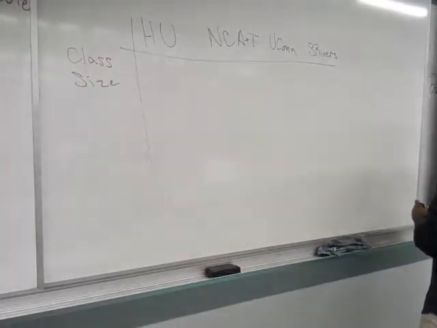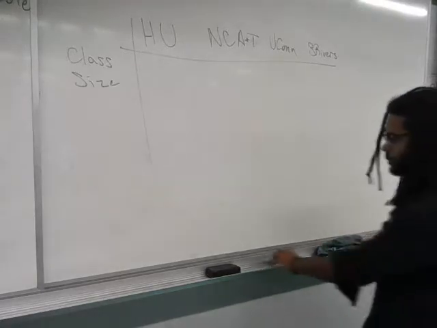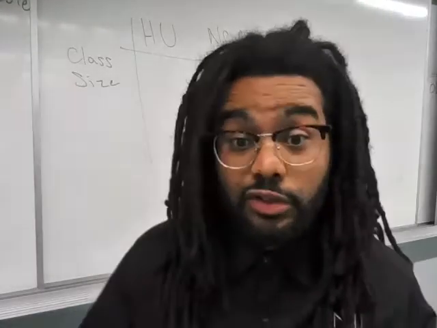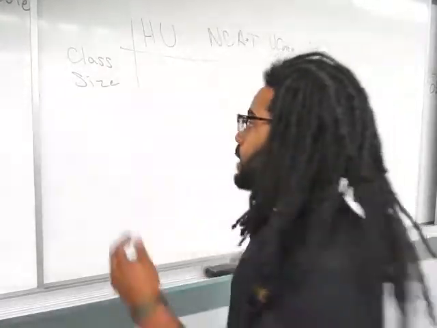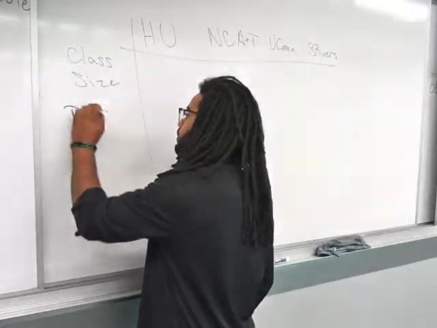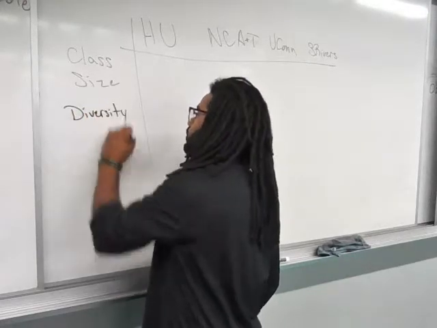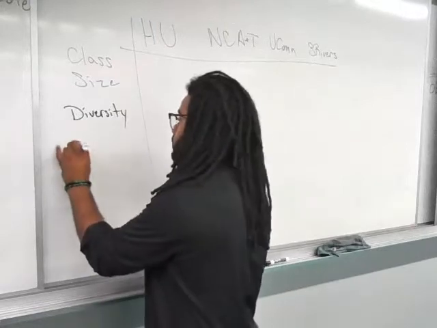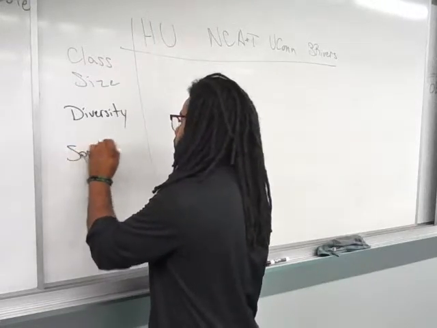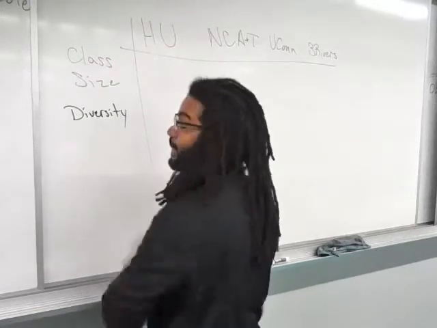All right, choose a different marker. I wanted to go to HBCU. That was kind of the first thing. So I wanted to see what the diversity was like, right? That was one of the big things for me. I wanted to have a good sports program. Oh, sports. Hold on.